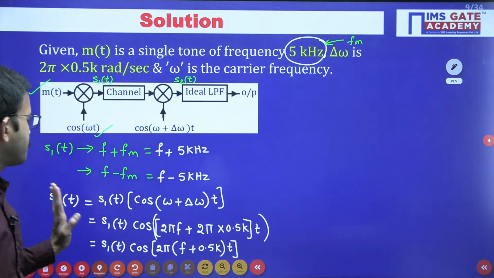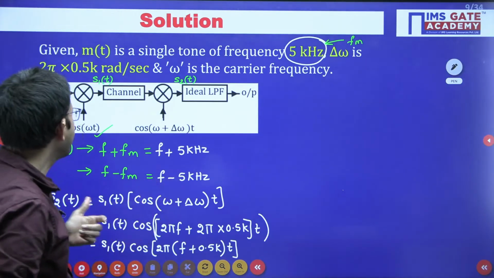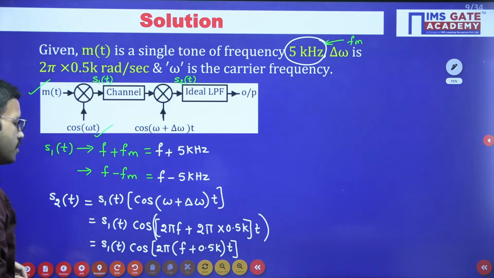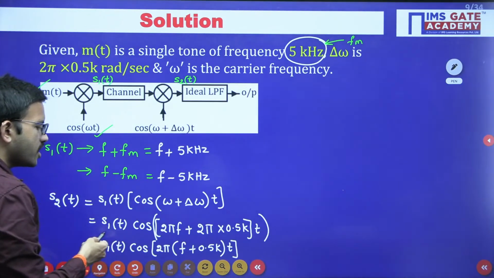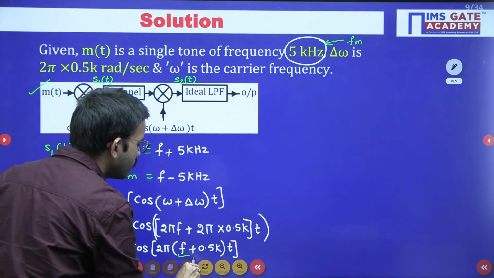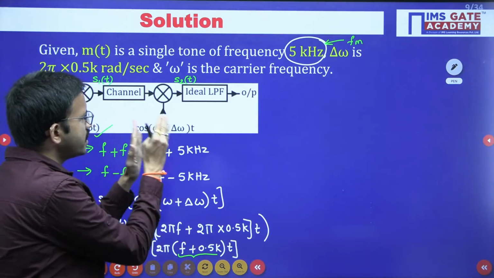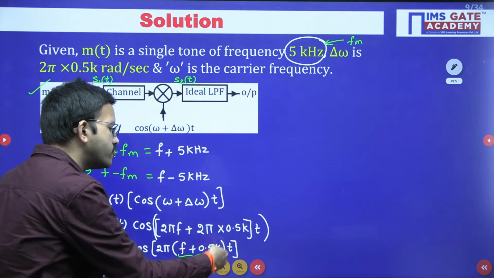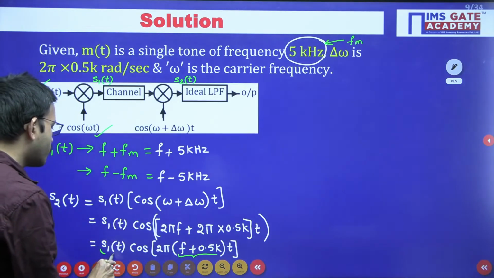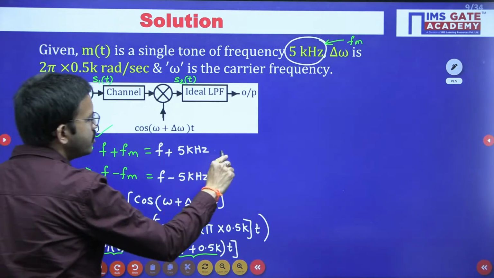Now just observe. In the original DSB-SC signal, one was the message signal and another was the carrier signal, right? Similarly here, one signal is S1 of t, and another signal is cos 2 pi, where in place of f you have f plus 0.5 k. So in this example, this is your carrier frequency. Regarding S1 of t, you have two frequencies.